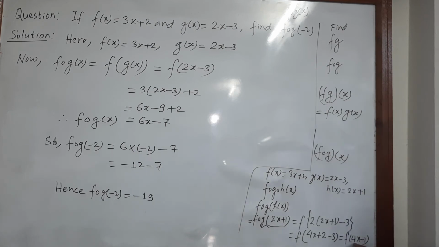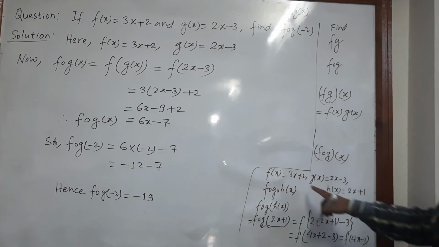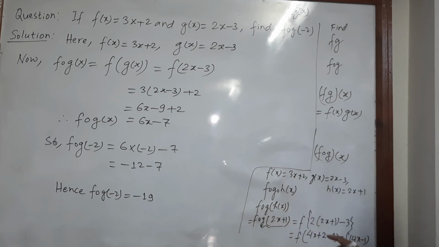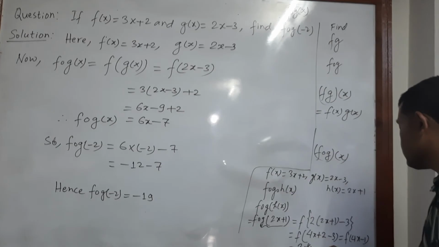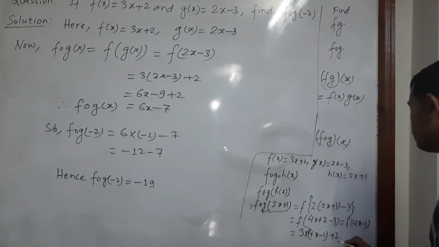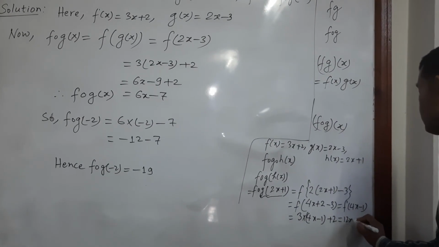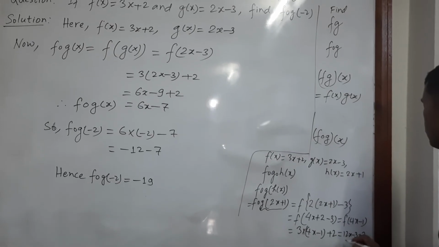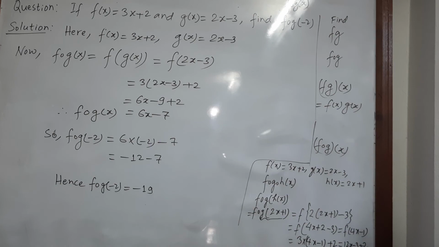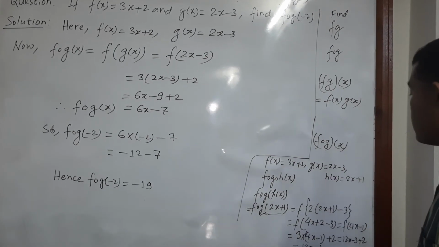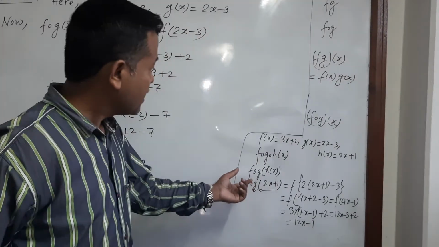Again, in place of x we have 4x minus 1, and this x will be replaced, and it will be 3 times (4x minus 1) plus 2, which is 12x minus 3 plus 2, equal to 12x minus 1. In this way, if there are three functions, the process can be continued.